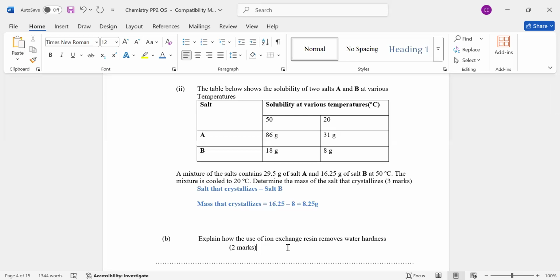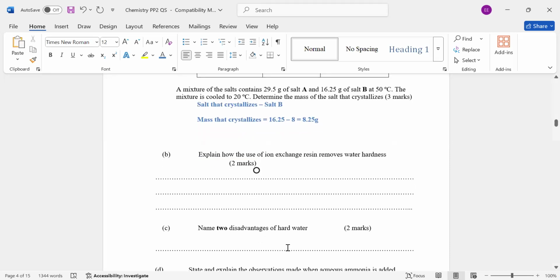Explain how the use of ion exchange resins removes water hardness. I will just talk about it briefly. In the ion exchange resin, we have sodium chloride, so we are introducing sodium ions.